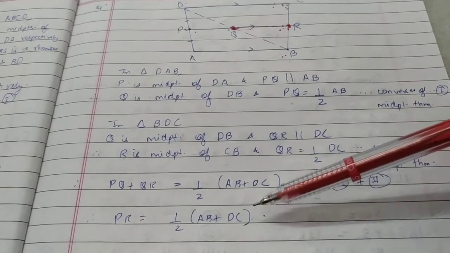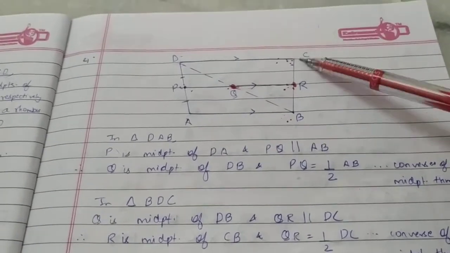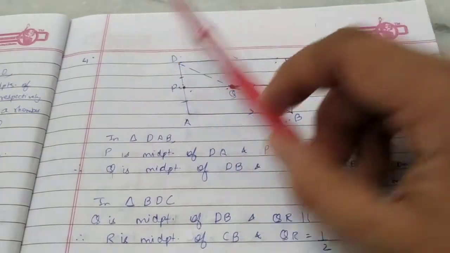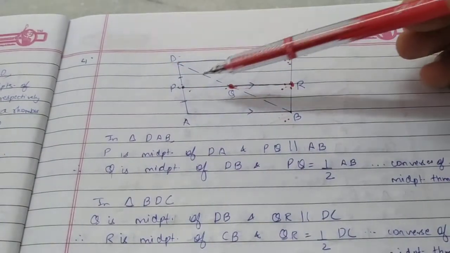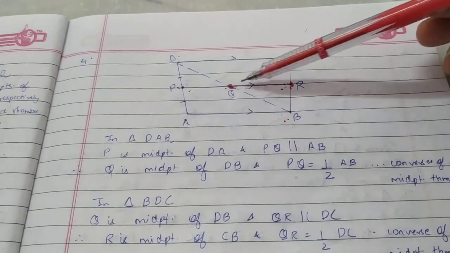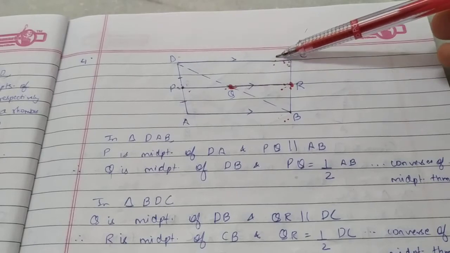Now this is an important result. It means that in a trapezium, yes, this is a trapezium because it has two parallel sides and two non-parallel sides, if we have the midpoints of the non-parallel sides, then the line joining the midpoints is always half of the sum of the parallel sides.